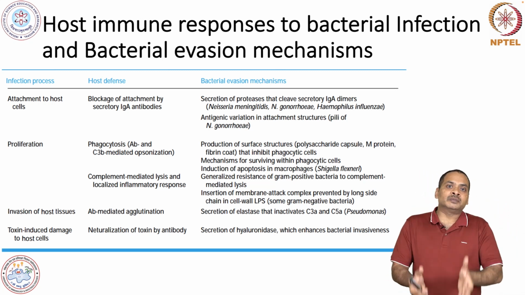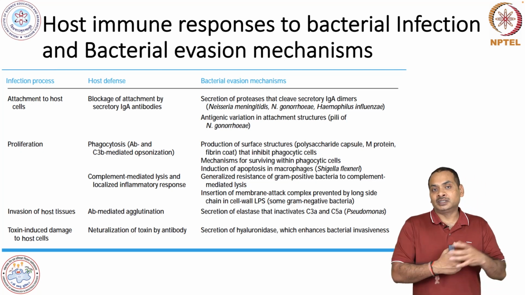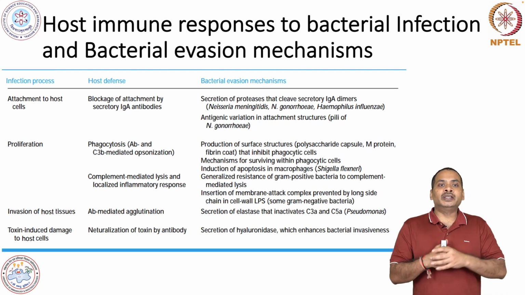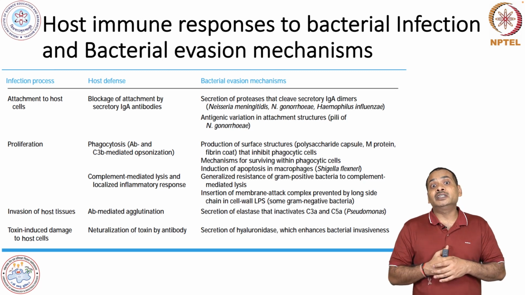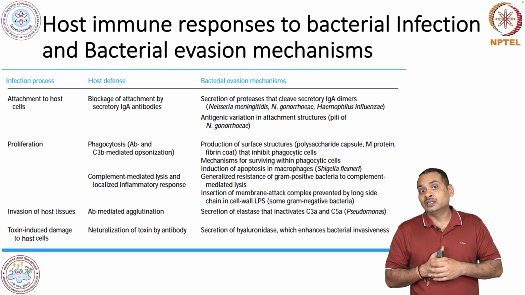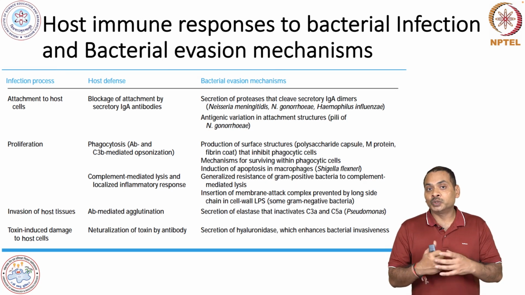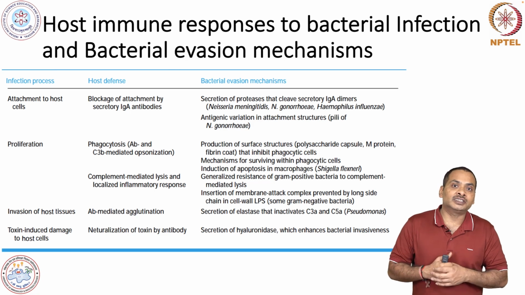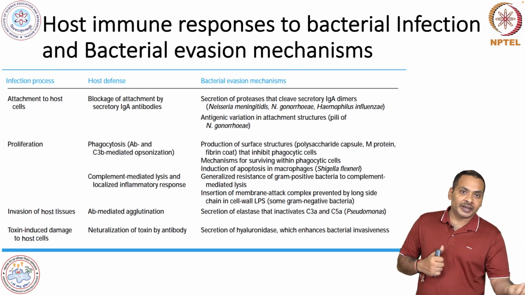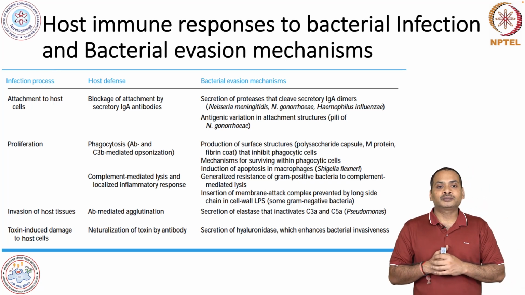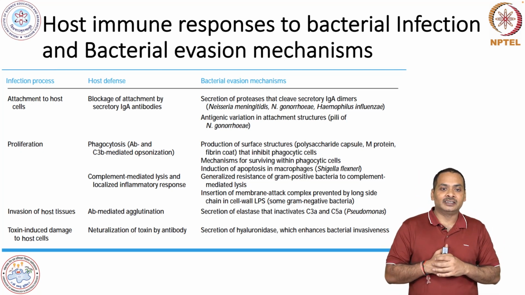So, what defense mechanism does the host make against this strategy of bacteria? One is blockage of attachment by secretory IgA. You know that IgA is one of the predominant antibodies present in our secretions. So, this IgA basically prevents the attachment, okay, but bacteria have an evasion mechanism against this IgA.